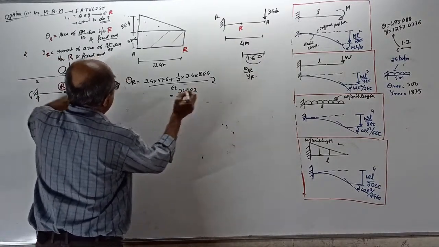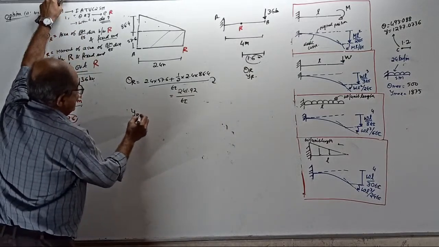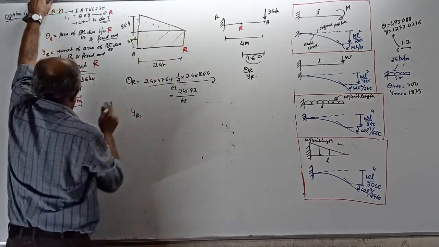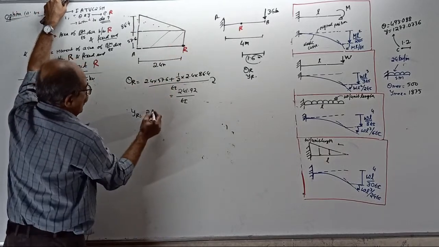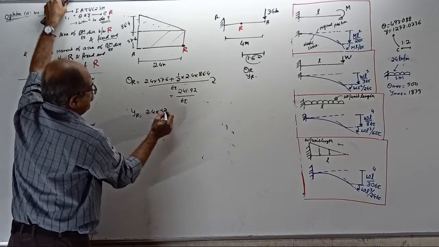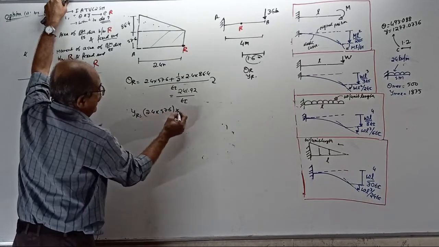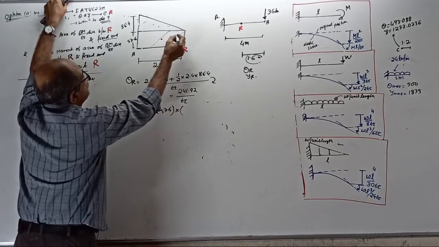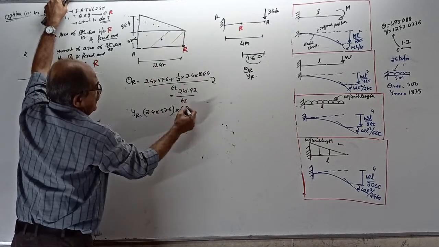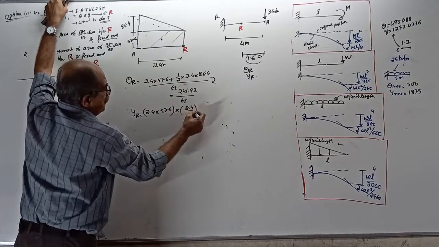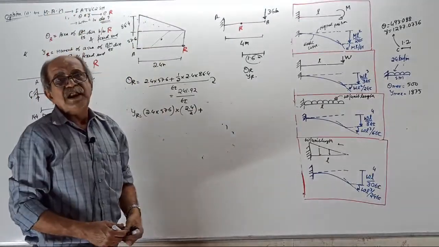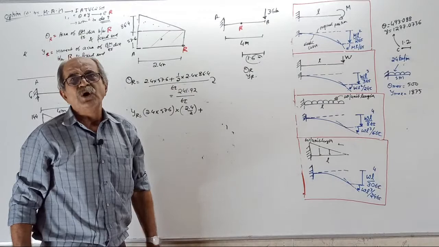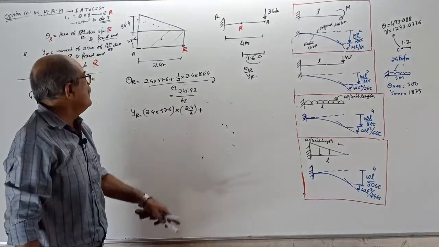241.92 by EI. And deflection at R equal to the moment of this area about R: 2.4 into 57.6 is the area, into its CG, which is here, 2.4 by 2, plus, now actually last class I decided that when I teach the general public I want to avoid the trapezium, because so many find difficulty.